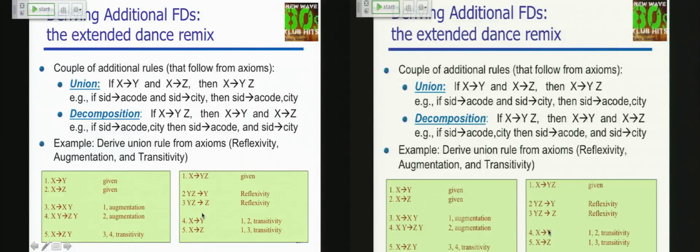And I also know 1 and 3: x gives you yz, yz gives you z, therefore x gives you z. So given x gives you yz, you can prove that x gives you y and x gives you z. So what you can do is use the 3 rules we had previously plus these two to come up with new functional dependencies. Any questions?